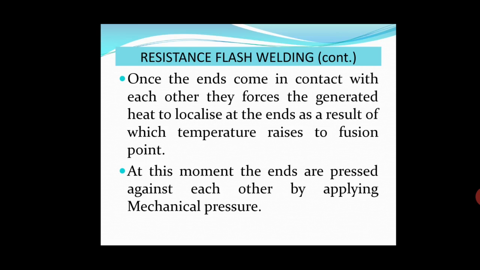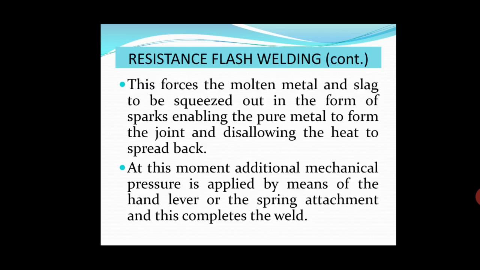And in this flash welding, the two ends force the generated heat to localize at the end, as a result of which the temperature rises to fusion point, and at this time, when the temperature rises to fusion point, mechanical pressure is applied and the ends are pressed together.